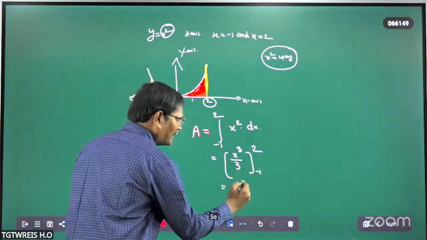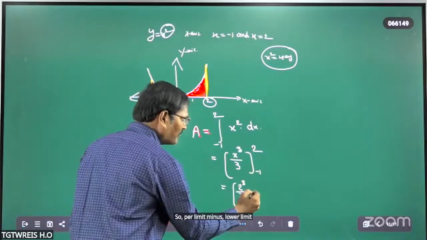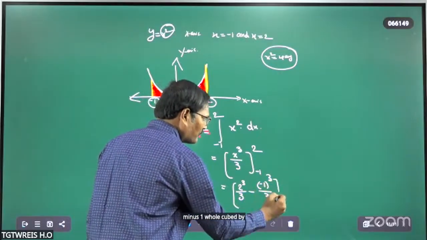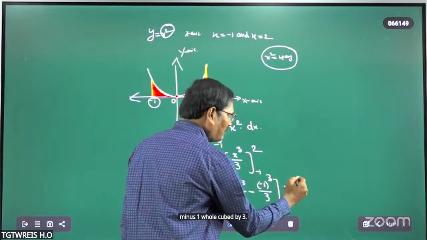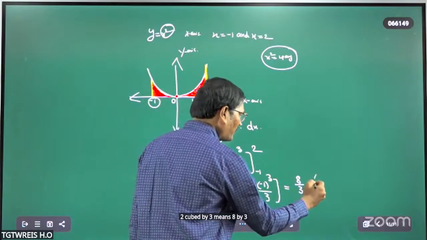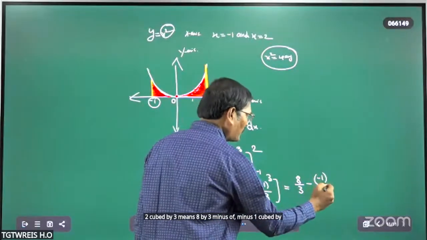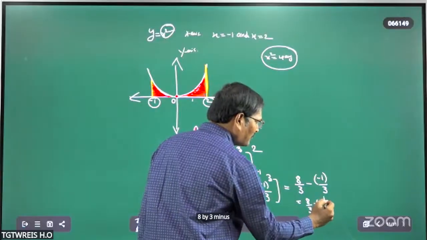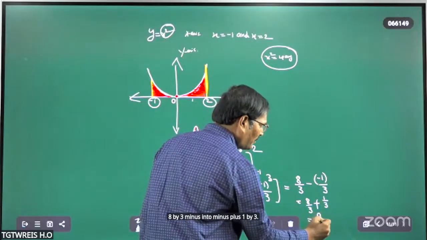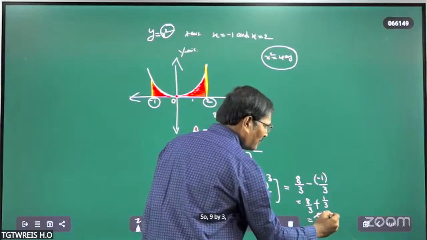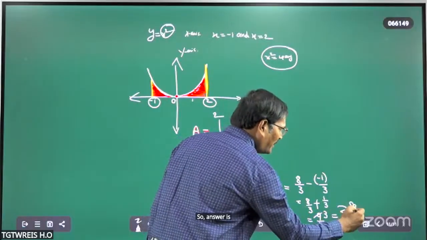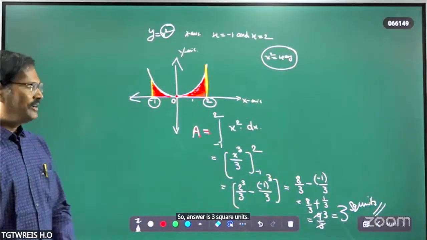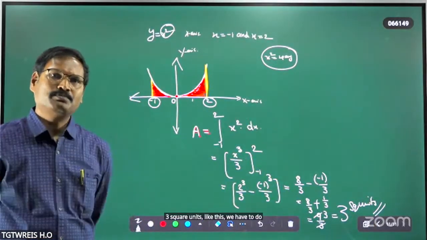So upper limit minus lower limit: 2 cube by 3 minus (-1) whole cube by 3. 2 cube by 3 means 8 by 3, minus of -1 cube by 3 means -1 by 3. 8 by 3 minus into minus plus 1 by 3. So 9 by 3, which is 3. So the answer is 3 square units. Like this, we have to do the problem.